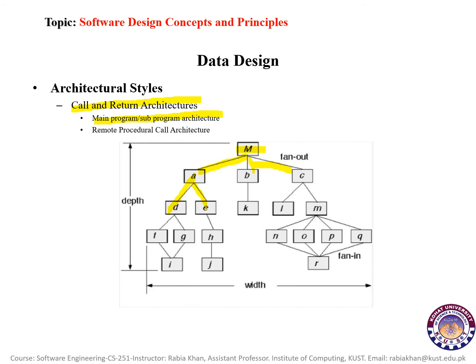The other common type of architecture within this category is known as the remote procedure call architecture. The components of a main program or subprogram architecture are distributed across multiple computers on a network. So when you are using remote procedure call architecture, different computing components or functions are distributed over different computers.